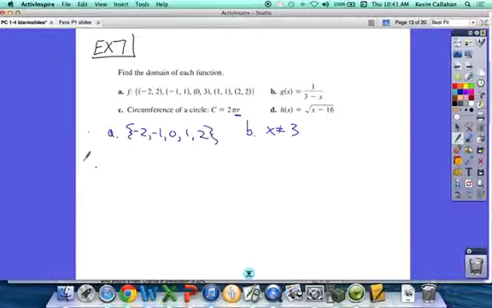But would it make sense for the radius to be negative? No. Radiuses are always positive. So in the context of the problem, we know we can only plug in positive radii, right? You wouldn't even put in 0, because you wouldn't have a circle if it had a 0 radius. So that one we'd have to say C, r is greater than 0.